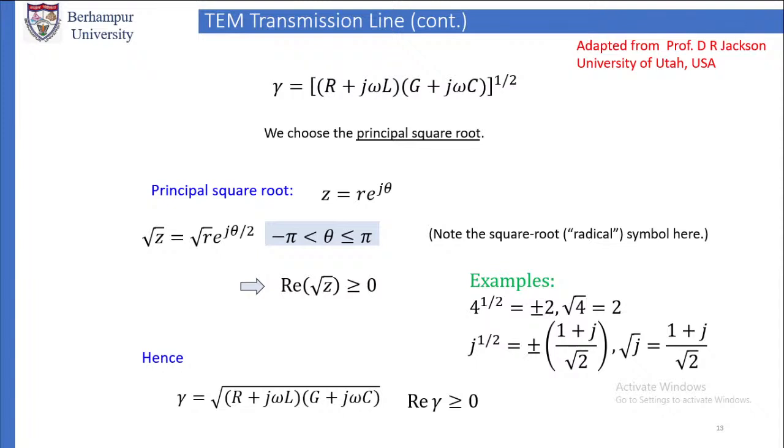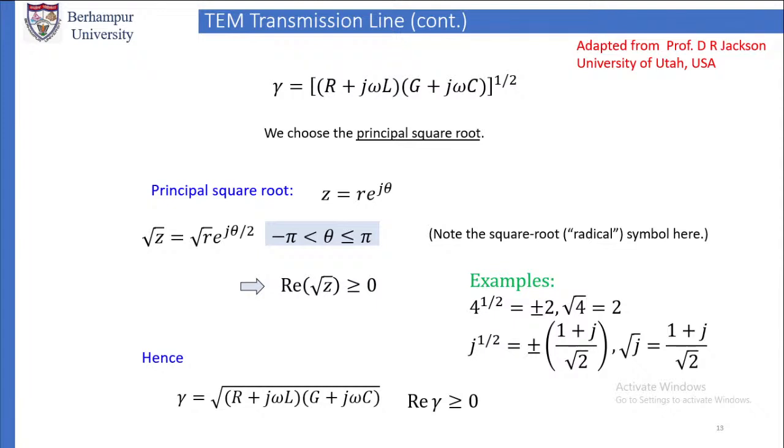If that happens, then square root of z is equal to square root of r into square root of exponential j theta. Square root of exponential j theta is exponential j theta by 2. So square root of z is equal to square root of r into exponential j theta by 2.